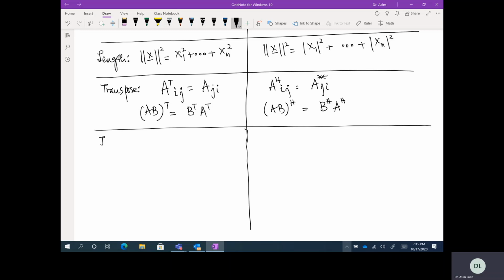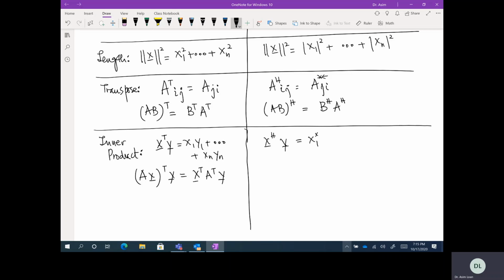And then if I look at the inner product, the inner product x transpose y is x1 y1 plus up to xn yn, and (Ax) transpose y is x transpose A transpose y. Here the inner product is x Hermitian y, the Hermitian operator.